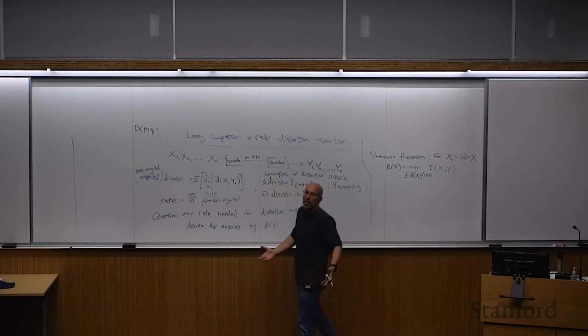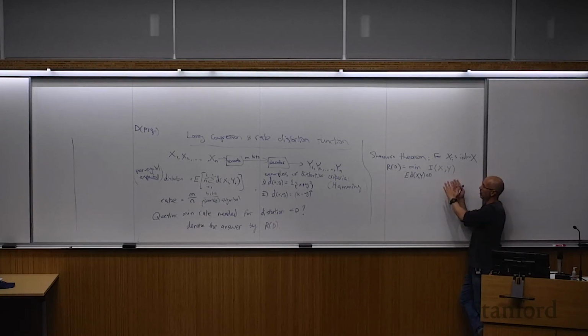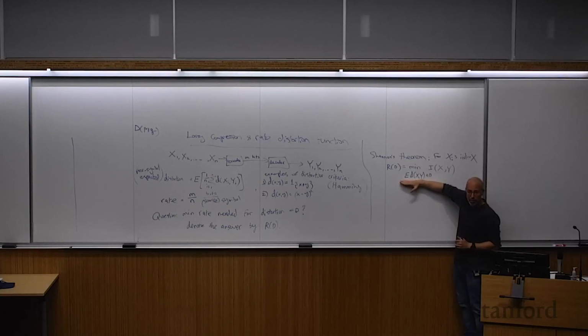Your xi's are IID X. So this minimization is really over all joint distributions on X and Y, but consistent with the given distribution on X. So this is really a minimization over a conditional distribution on Y given X. Okay, basically over all conditional distributions of Y given X that satisfy this constraint, under which the expected distortion between X and Y is no more than D.